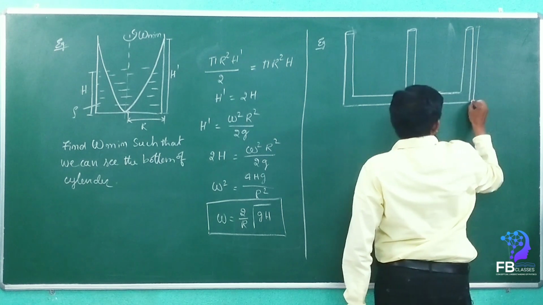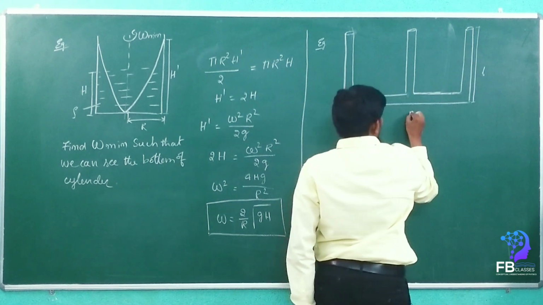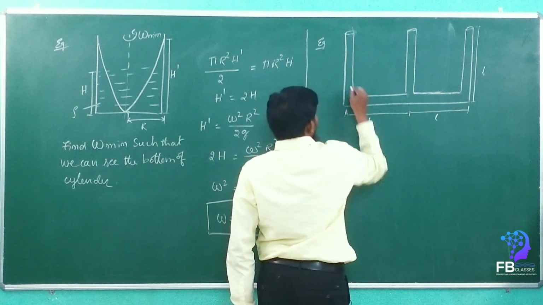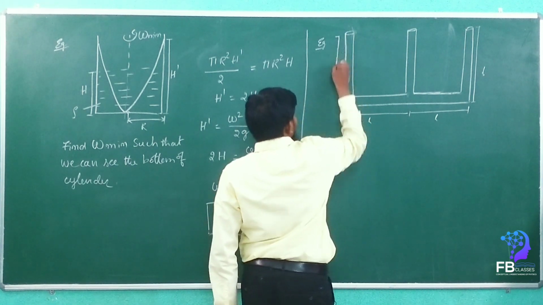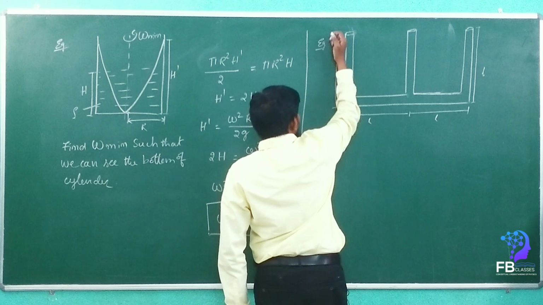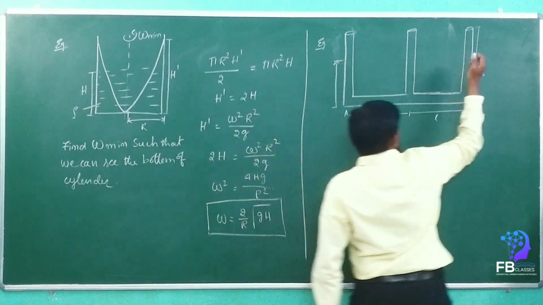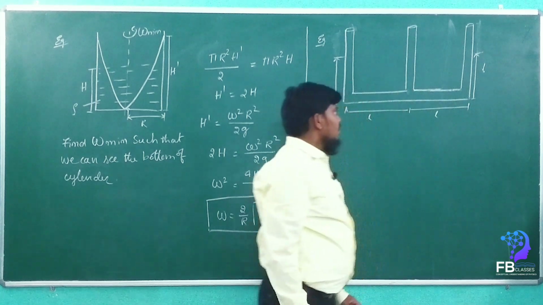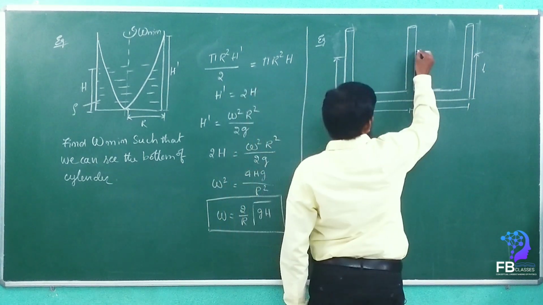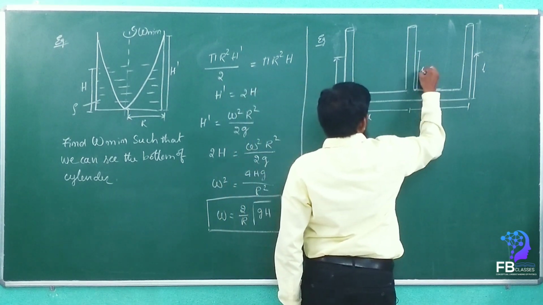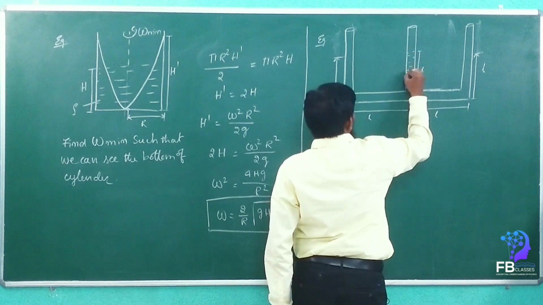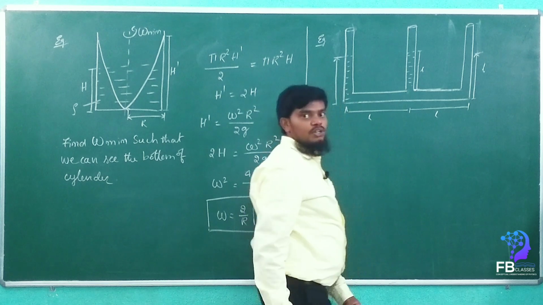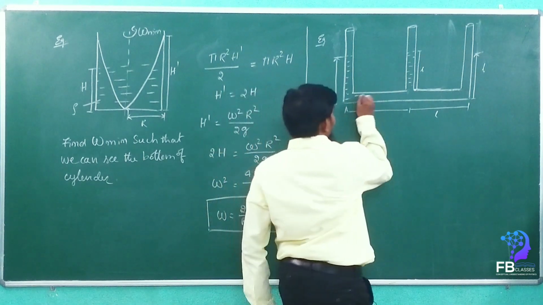This length is L, from here to here is also L, this also is L, and this height is also L. Let it be considered up to here L length. This is also L. Now this height is also L. Up to here there is a liquid filled in the three limbs.